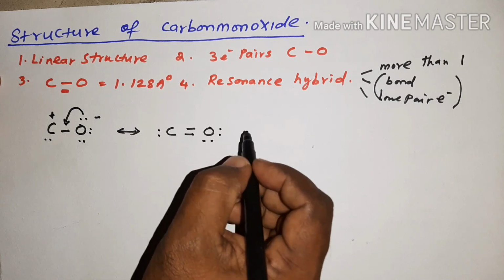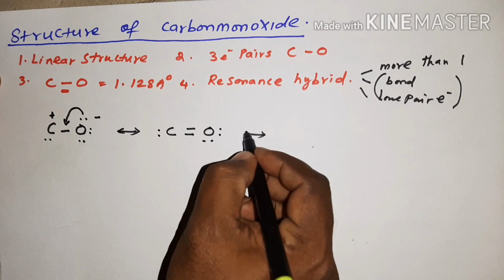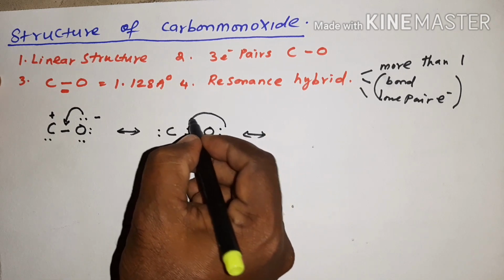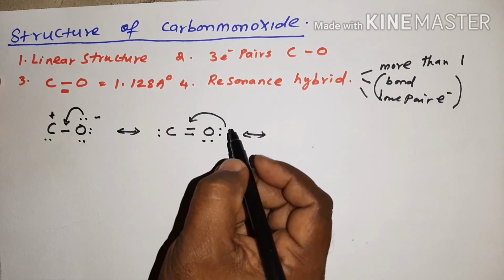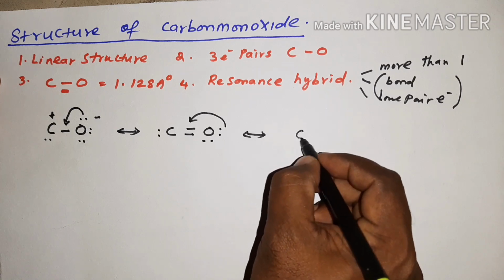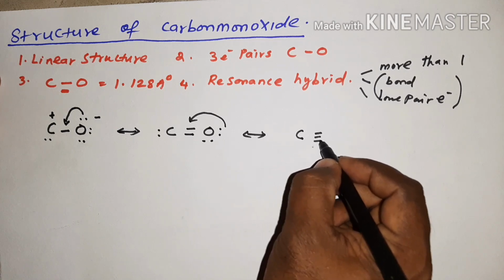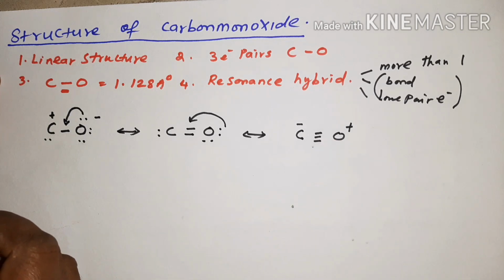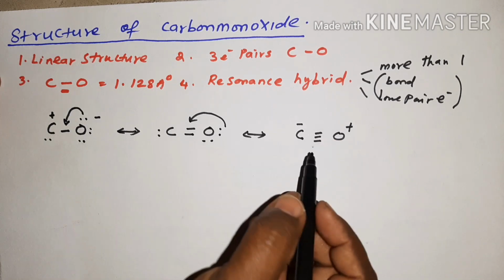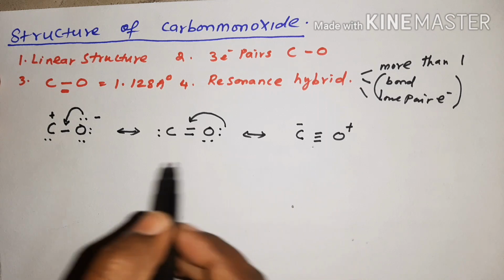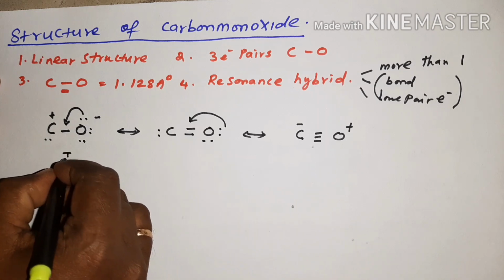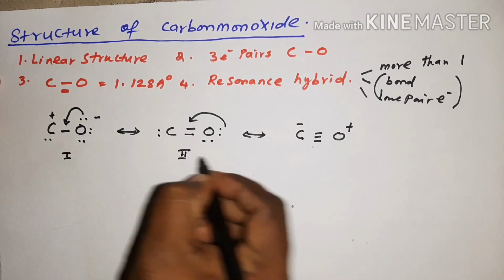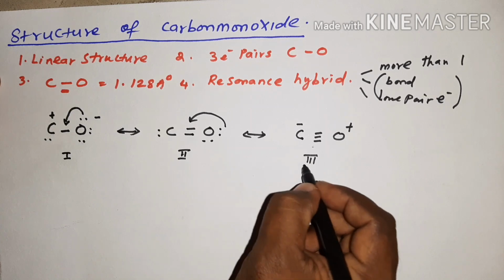Again one of the lone pairs can shift here, so you will get carbon triple bond oxygen, here plus and here minus. Clear? So these are the 3 resonating structures of carbon monoxide. This is structure 1, this is structure 2, and this is structure 3.